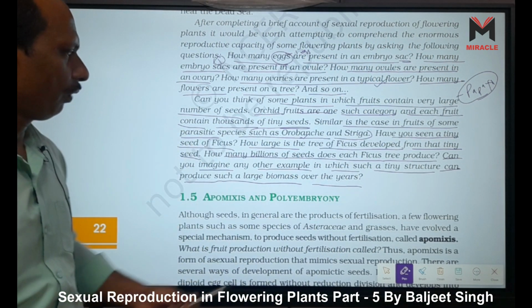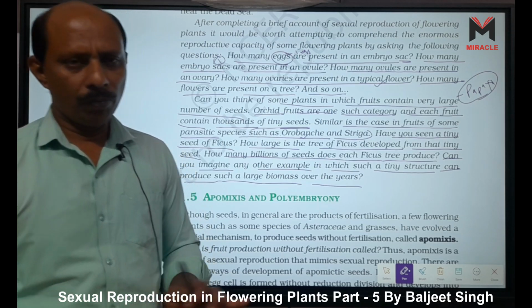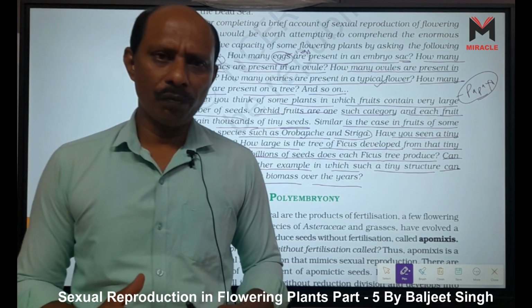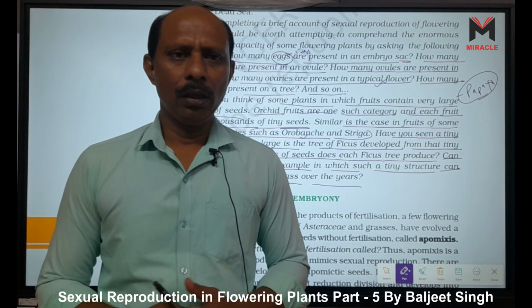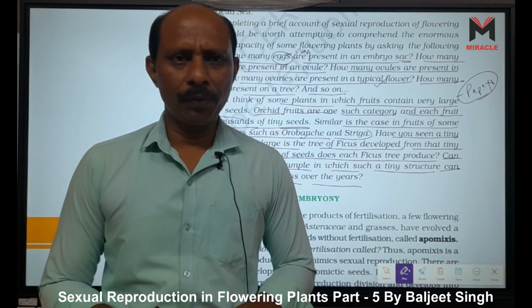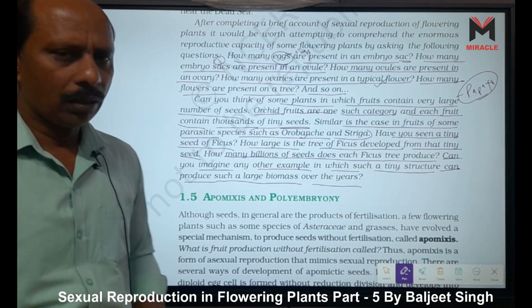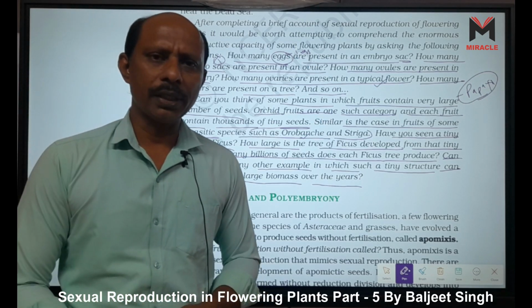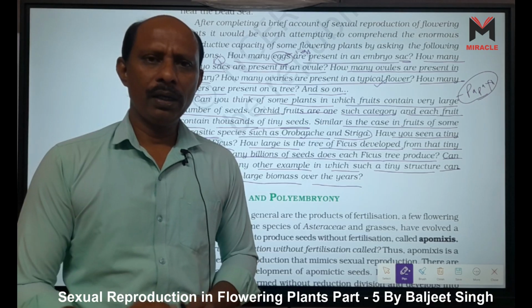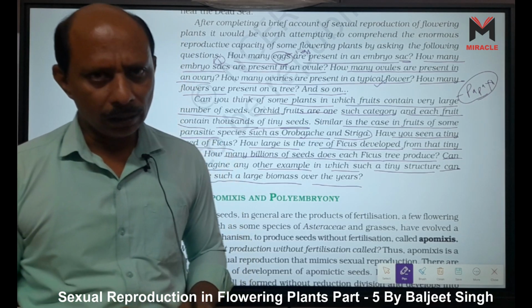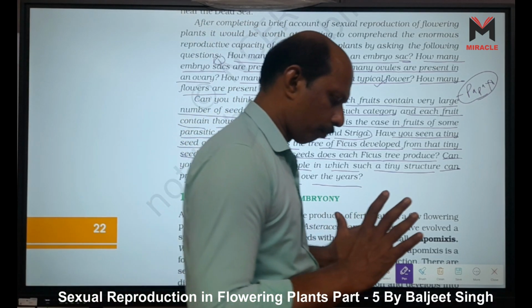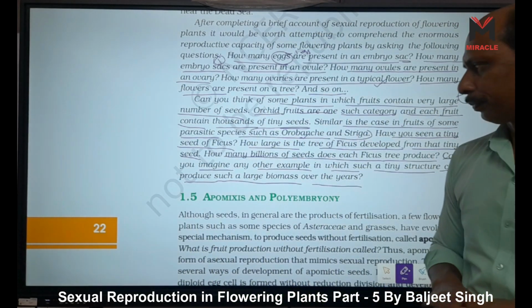It is not only ficus, it is all the ficus family, like banyan, right? They have very teeny seeds, but sequoia is also there, eucalyptus is also there, where teeny seeds are present, but the trees are very huge.